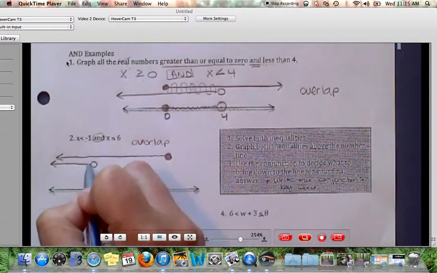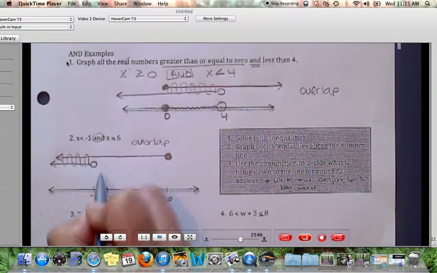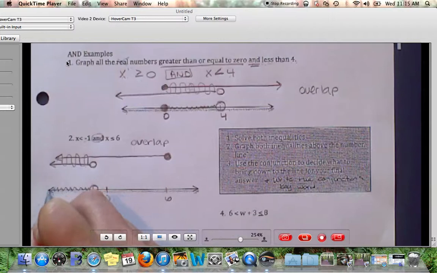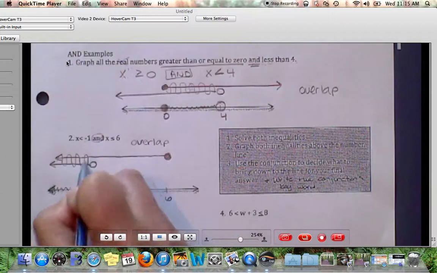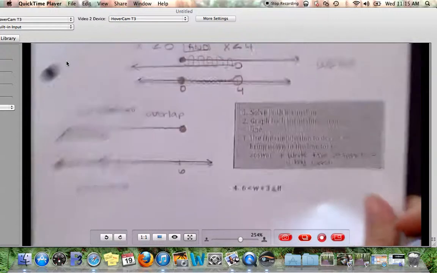They overlap right here. So we're going to bring this end point down, open circle, and shade everything to the left because that is where they overlap. So for any and problem, you're only bringing down the place where they overlap. That's it, nothing else. Let's try another one.